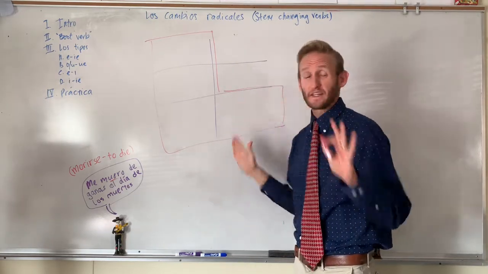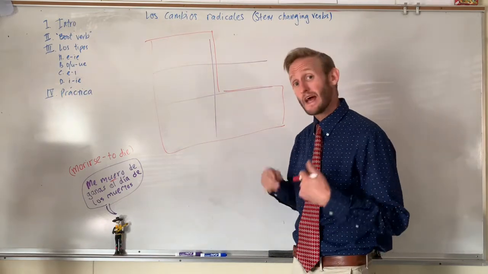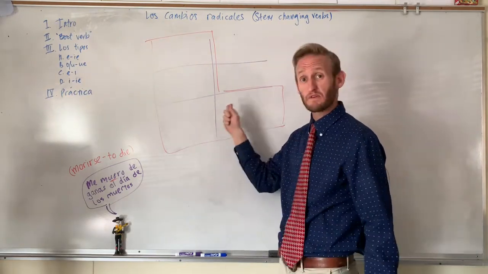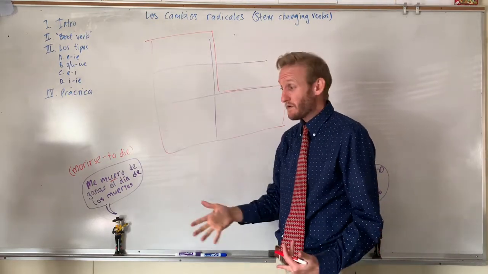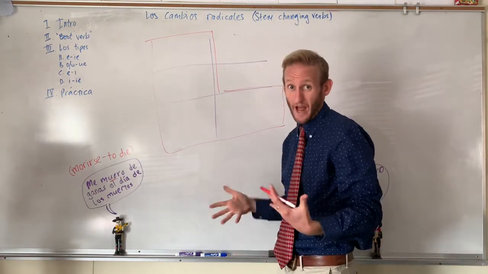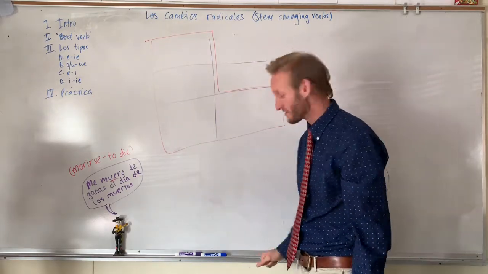They are not included in the stem change rule. So, as you take notes, it's going to be really important that you keep this visual in your mind, or that you literally draw a bota, una bota, alrededor o encima de la tabla de conjugación.